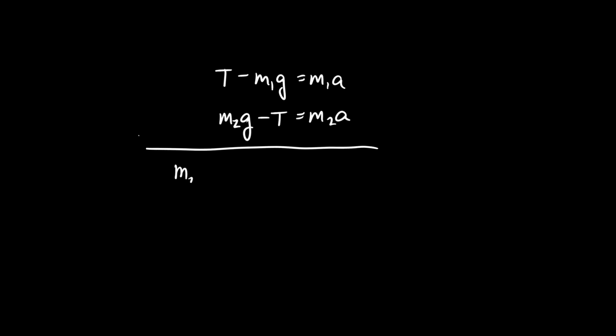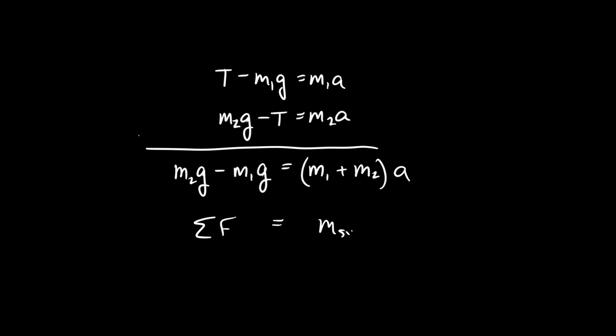So m2g minus m1g on the left side equals m1 plus m2 times a on the right side. Please look at what we have here. Net force equals mass of system times the acceleration. Do you see it?